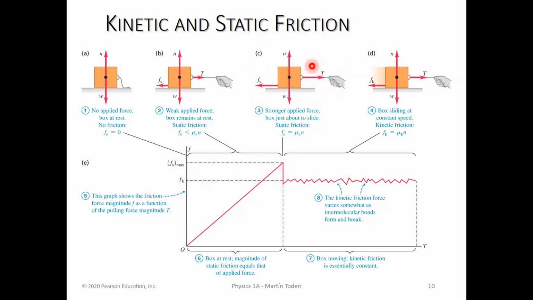If T is equal in magnitude to Fs, and we know Fs has a maximum point, and then all of a sudden the box starts moving and it decreases, but we keep pulling with the same T, then we will create a net force pointing to the right, and that will give us some acceleration. But in this particular example, we just decrease T to match Fk, and then we'll have constant speed. So the box will move with constant velocity and at equilibrium to the right.